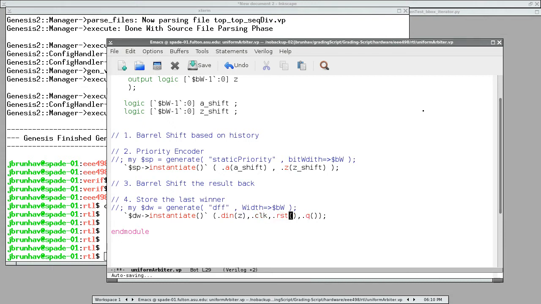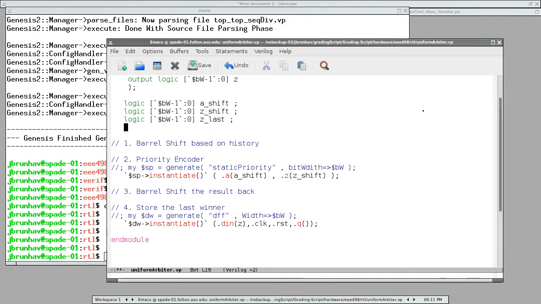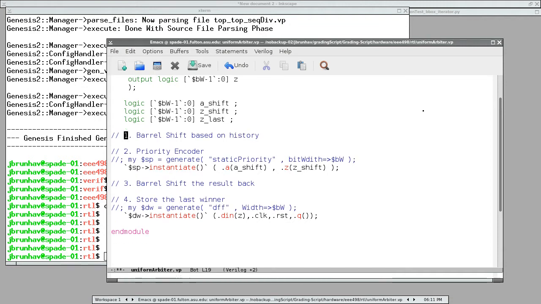This is just clock. This is just reset. We'll call this z_last because it is the z from last cycle. Great. So now we just need to do these two conditional shifts.